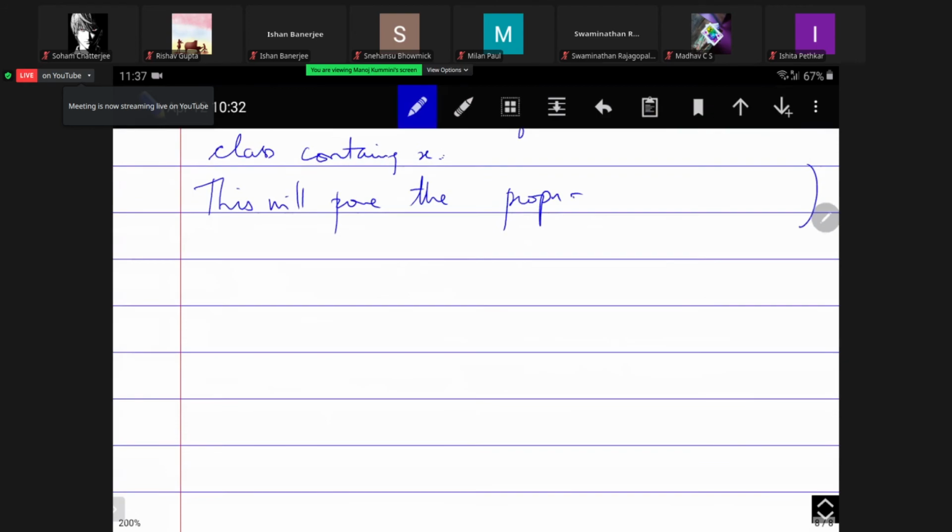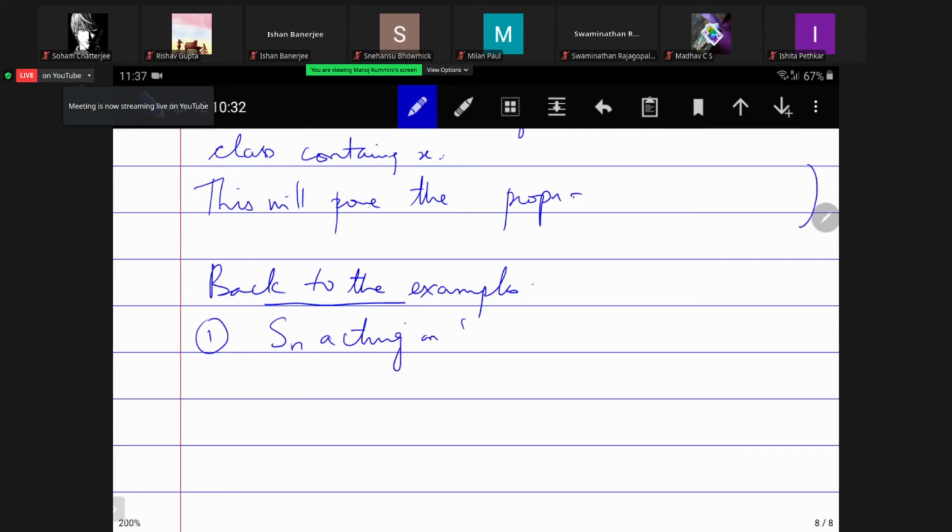So let us go back to the above examples. Example one, Sn acting on 1 through n.